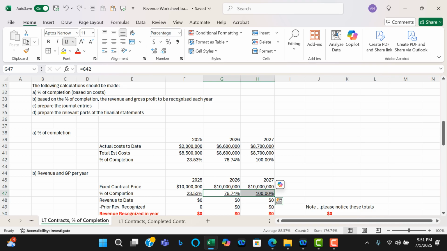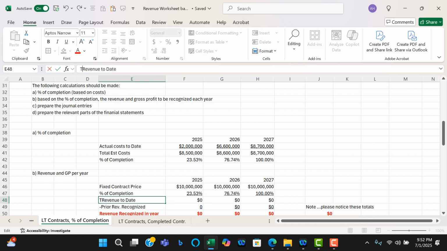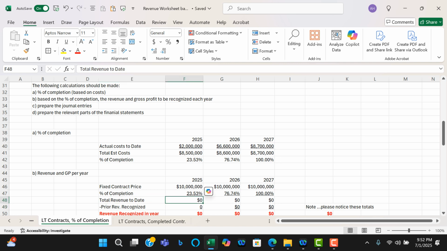So if we take the 10 million and multiply it by each percentage, what we're going to get is the total revenue. I'm going to put the word total here. We're going to get the total revenue to date that we should recognize. It's not the revenue for the year, it's the total revenue to date.